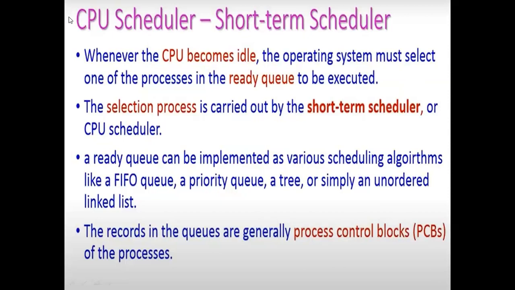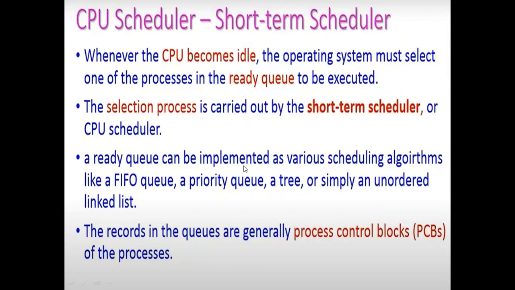Next, we'll see about the CPU scheduler, that is, the short-term scheduler. Whenever the CPU becomes idle, the operating system must select one of the processes placed in the ready queue to be executed. This selection is carried out by the CPU scheduler, otherwise called the short-term scheduler.